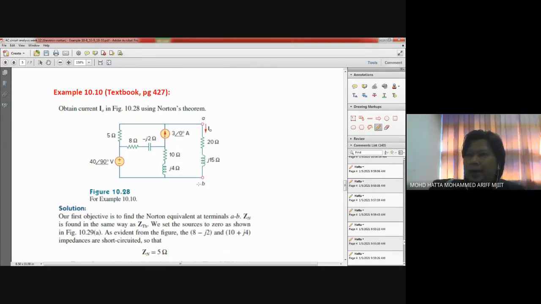Okay, looking at the question, or looking at the circuit, we cannot find any open terminal in this case.